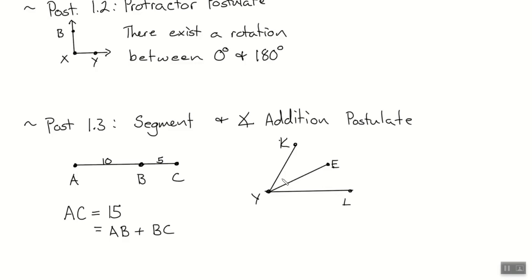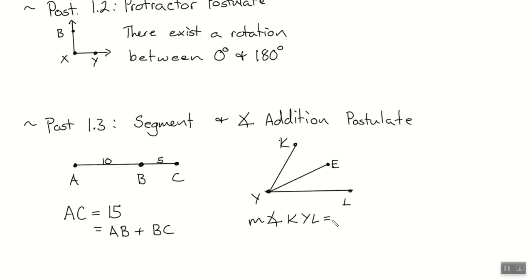If I ask you for the measure of angle KYL, we can't just write angle KYL because that's the physical object. The measure of it, we will always write with the M, like for measure, of angle KYL in this case, because it's the one I'm asking about.